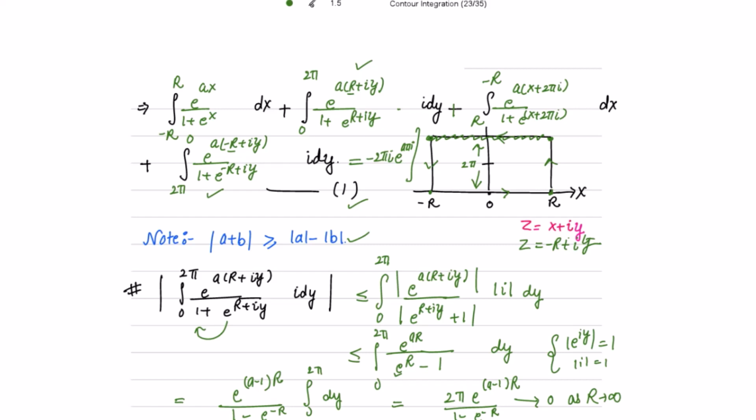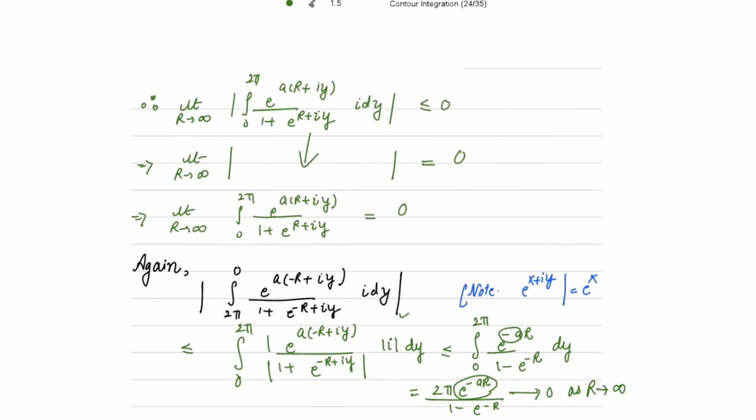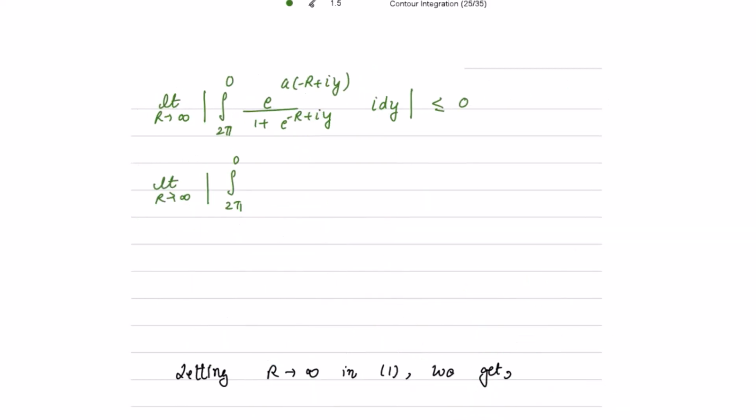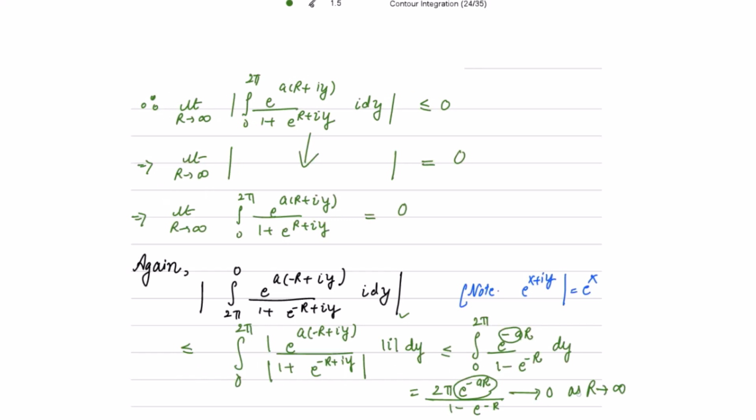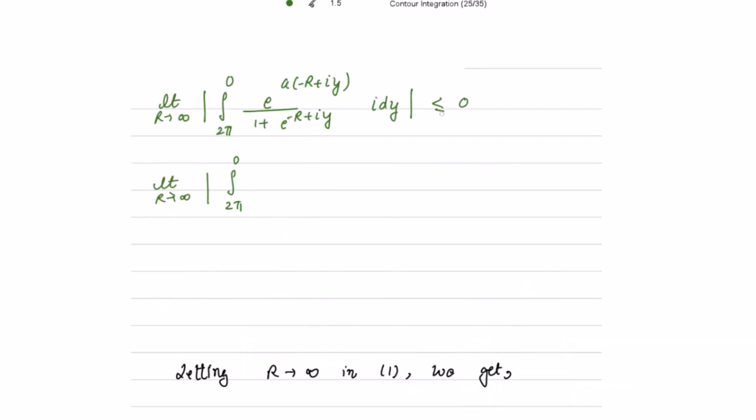Okay, so we just apply r tends to infinity on this first equation, which we have marked as 1. So when this tends to 0 as r tends to infinity, which means if I apply the limit r tends to infinity on this mod, which is less than or equal to 0, which means this mod is equal to 0.